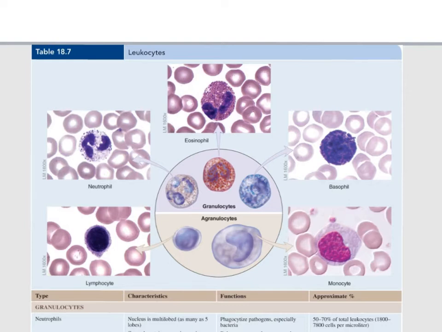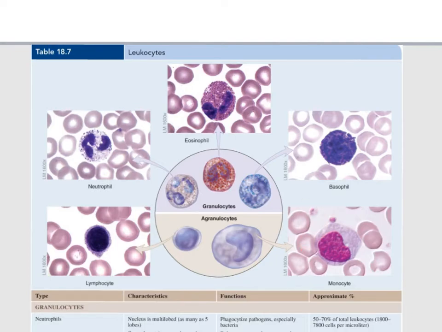The monocytes are usually larger. Monocytes are the ones that will exit the bloodstream and become macrophages in tissue. And each of these different types of white blood cells is responsive to different conditions.